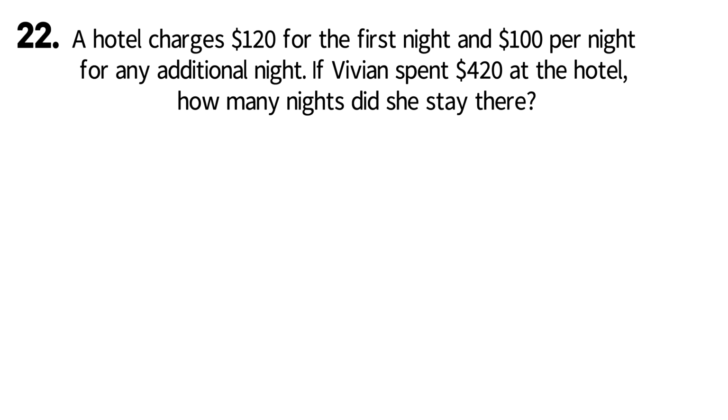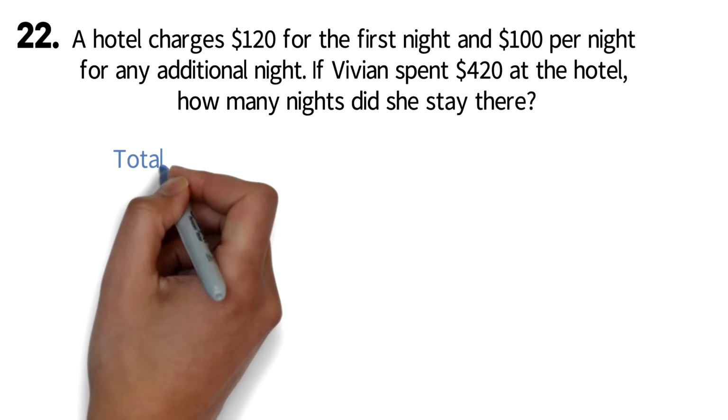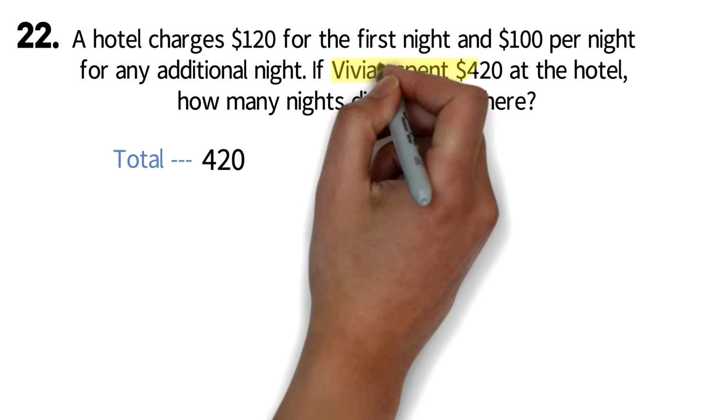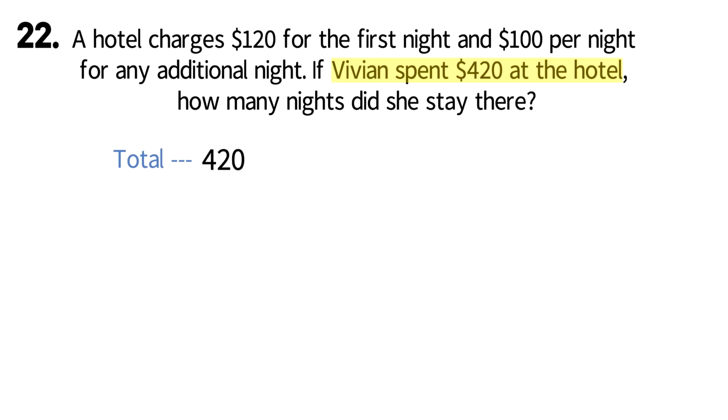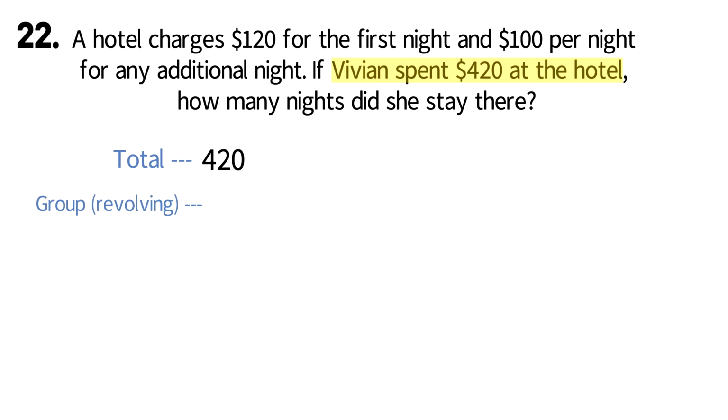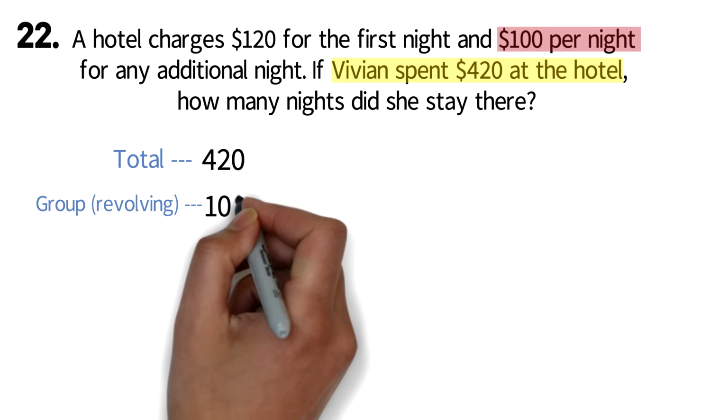I call it the revolving. So again, we will have our total. Here, the total is $420. This is the total amount of money Vivian spent at the hotel. The group, which we are calling the revolving, is the value that keeps happening. Usually per day or per hour or something like that is with it. So here we have $100 per night. So this will be 100.